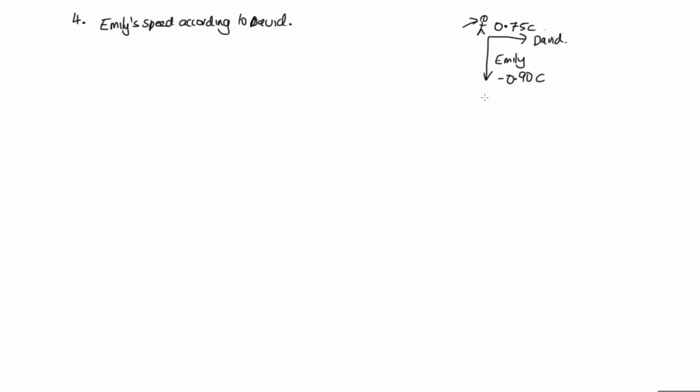It's going to be a little bit challenging just because there are two directions involved. So we'll need to consider the x and the y components separately. So let's start by considering the x component of Emily's motion.